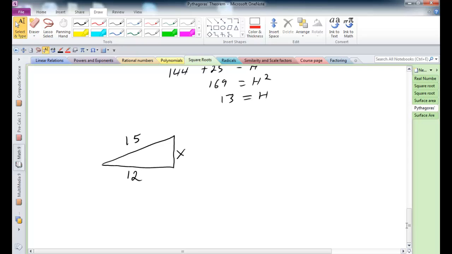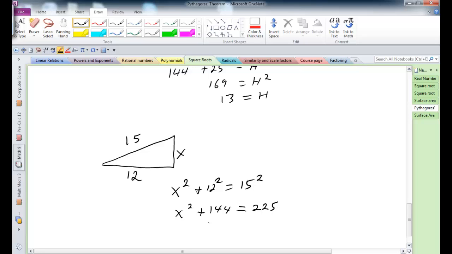In this case, we set it up in a similar way. x squared plus 12 squared equals 15 squared. And it's just our solving is a little bit different. You can see I've got x squared plus 144 equals 225.